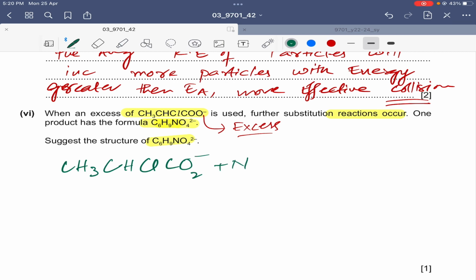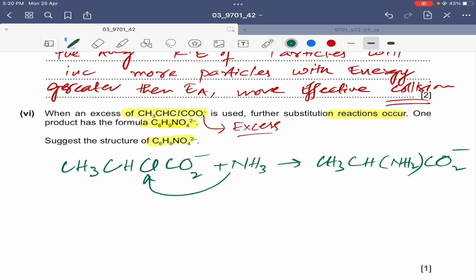CHClCO2- with ammonia, and what is happening here is that substitution takes place. Ammonia displaces Cl, so this becomes CH3CHNH2CO2-. And how does ammonia act as a nucleophile? It acts as a nucleophile due to its lone pair, right?